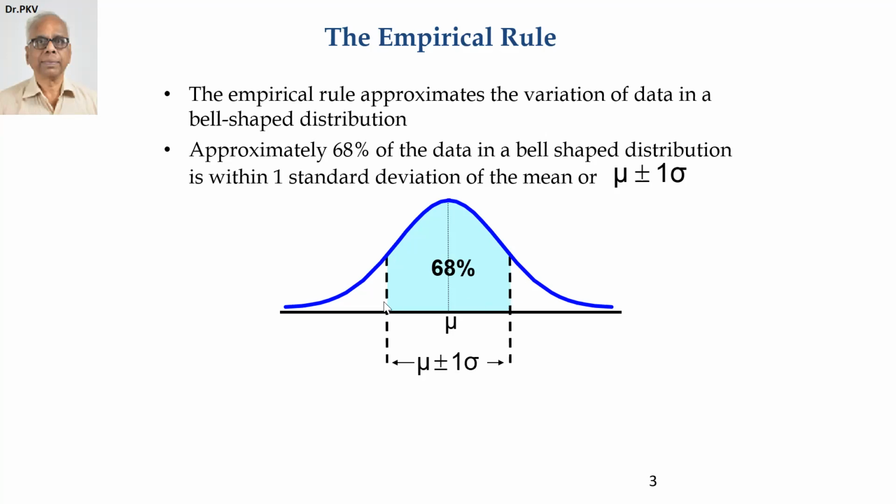So this part is 68%. This is important. So by the property of symmetry, this will be 16%, this will be 16%, and the entire range is 68 percentage points.